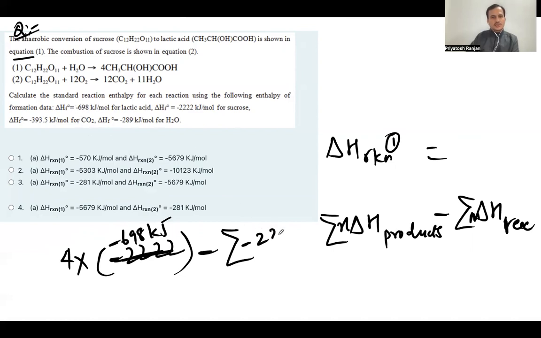Plus, I have to sum up these two values for the water. What is the enthalpy of formation given for the water? It's given as minus 289.